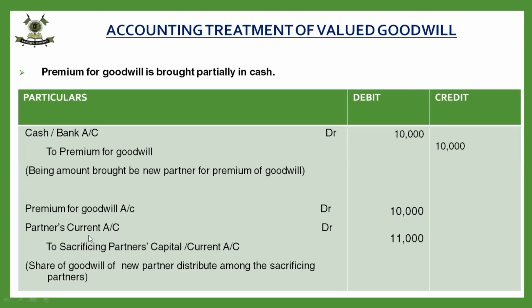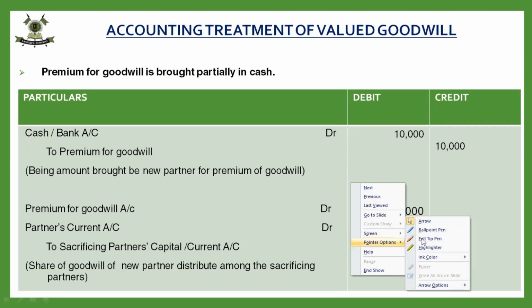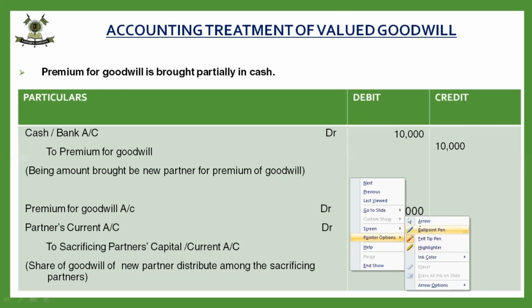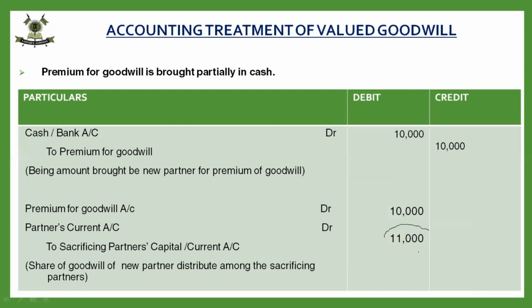And this current account is not the current account that we maintain in the fixed capital method. This is not that current account. This current account means that this amount of 11,000 is due from the incoming partner. Fine. This is like a debtor. This amount of 11,000 that he has not brought in is due from him. He will pay it after a while, after a few days or a few months, like debtors.